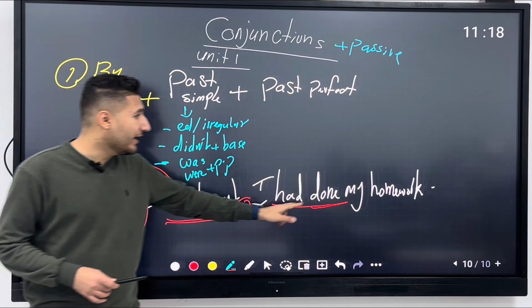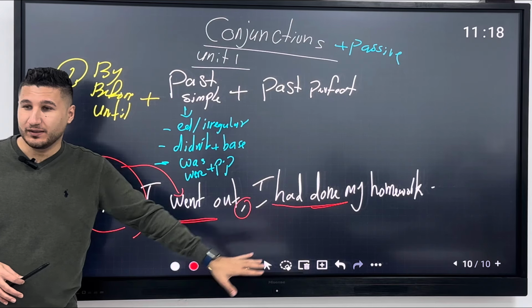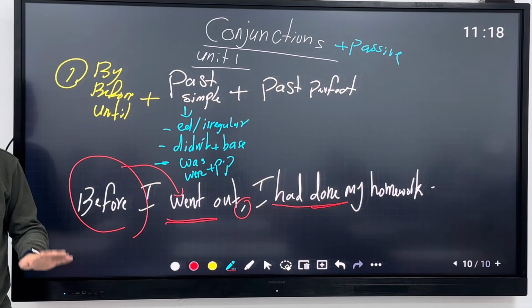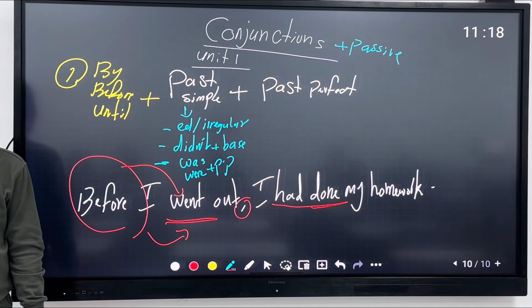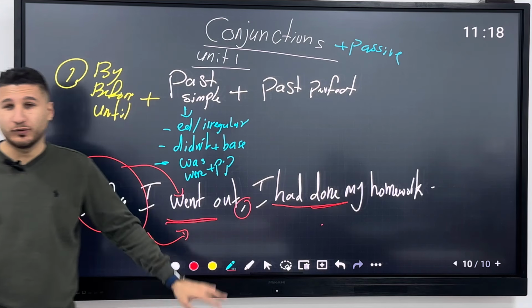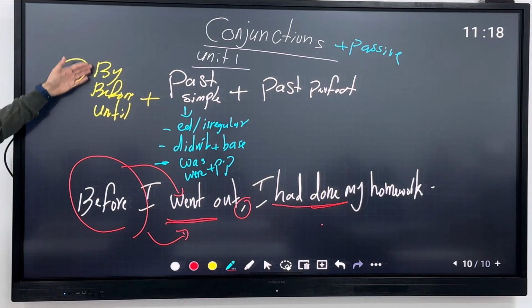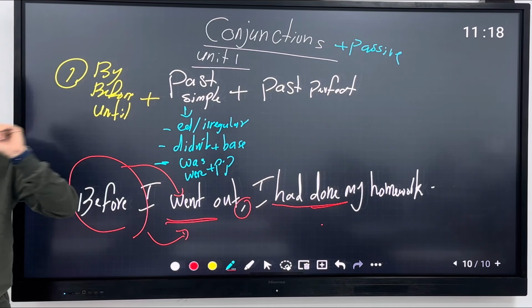We say, I had done my homework before I went out. So here, before is still followed by past simple. So imagine in the exam, past simple and past perfect for group 1. If you have by, before, until, they are considered as group 1, the first group.